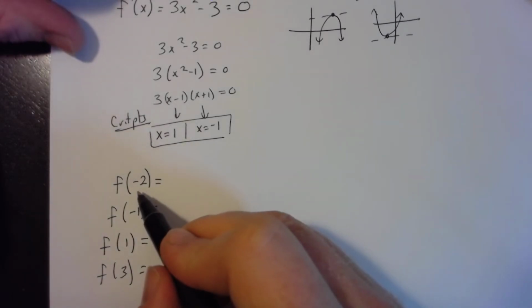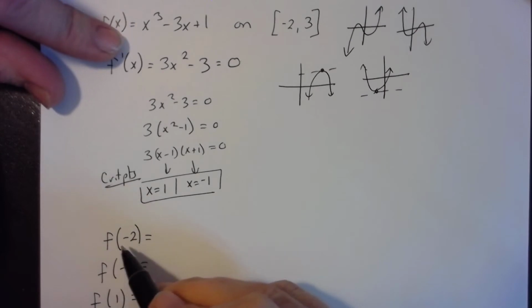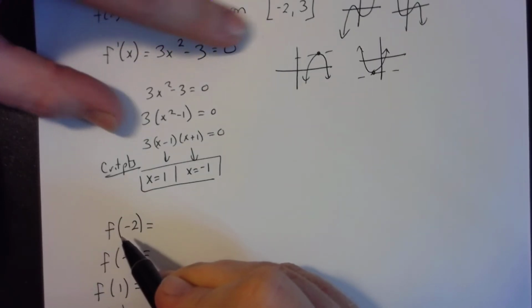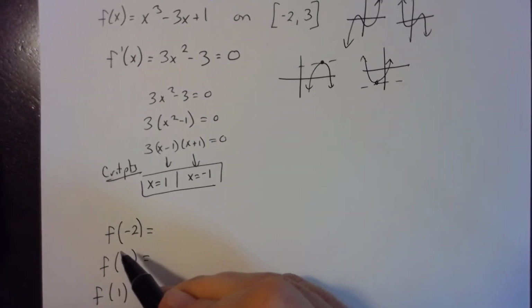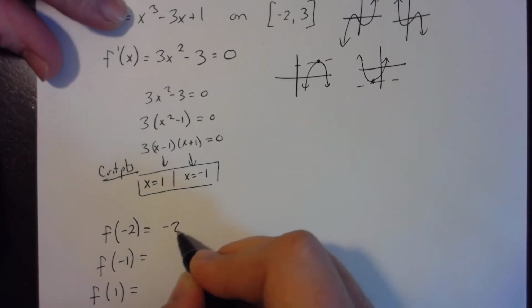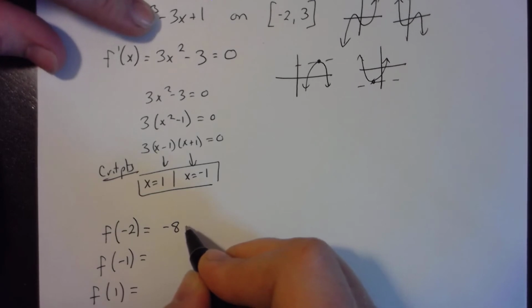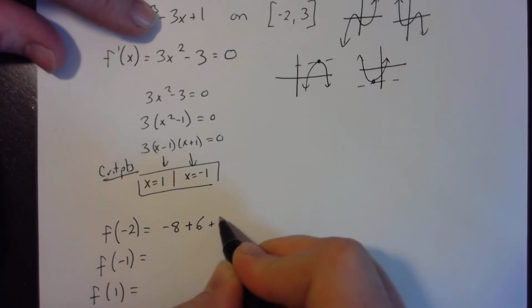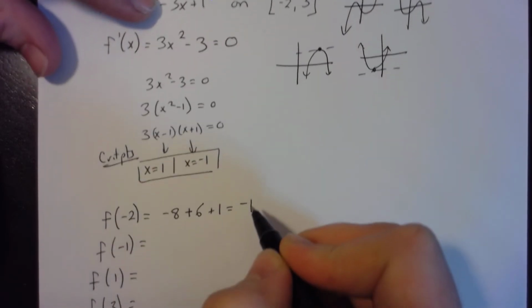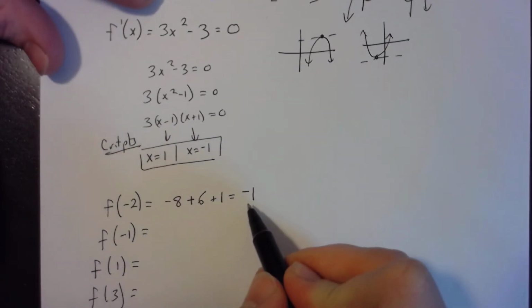So if I plug in -2, the endpoint, into the original function, at -2 for f of x, I'm going to end up with -8, that's -2 cubed, that's negative, and then minus, so plus 6, because again, that's -2 times -3, and then plus 1. This provides me with a -1. Now, I don't know if this is going to be my max or my min right off the bat.